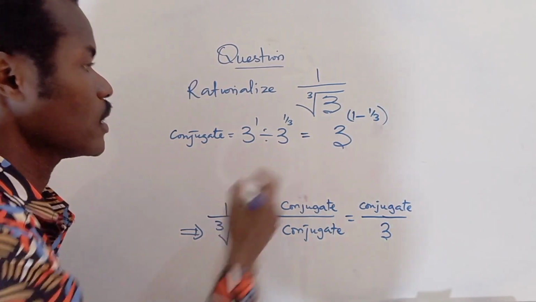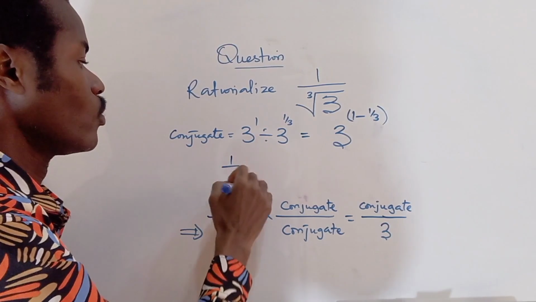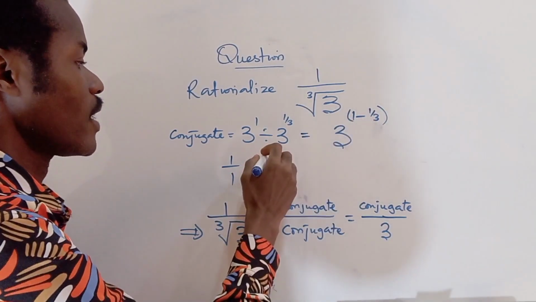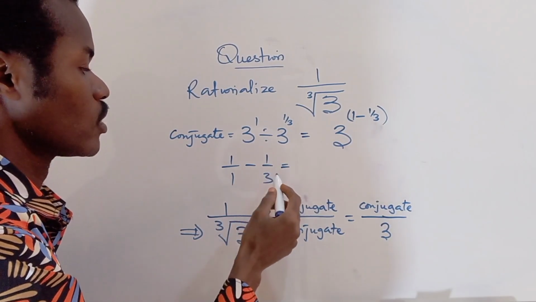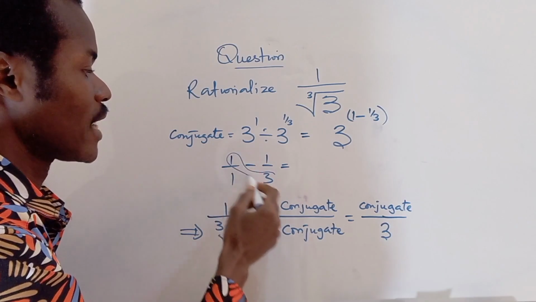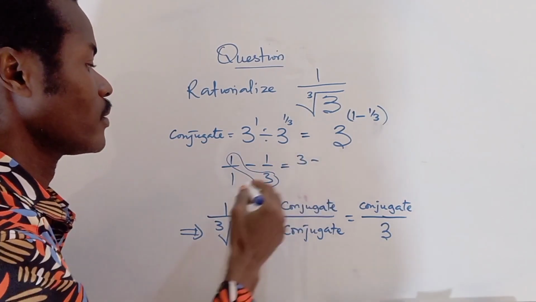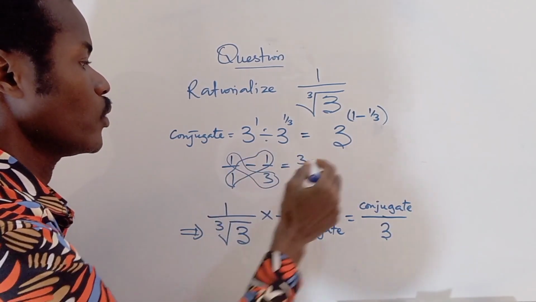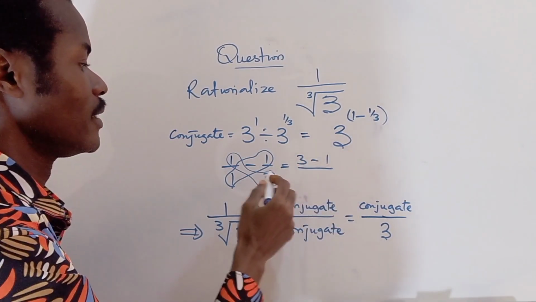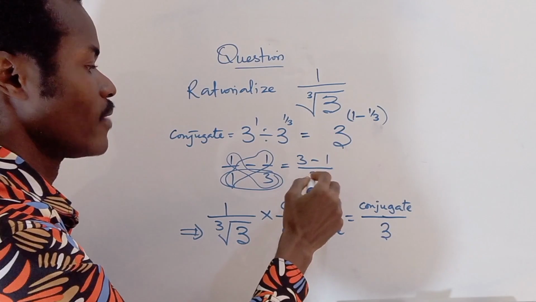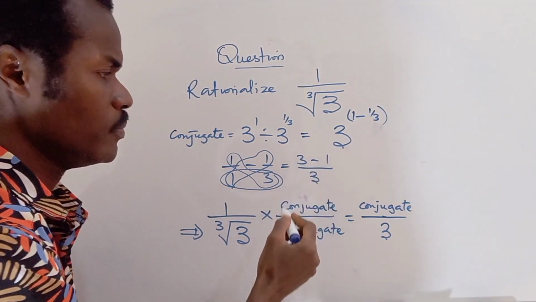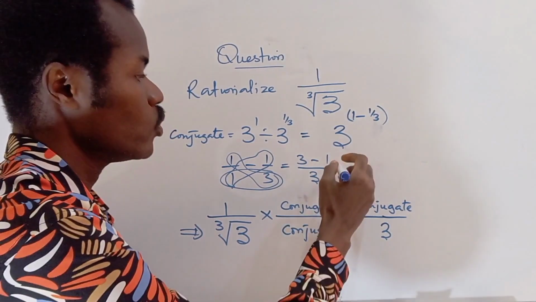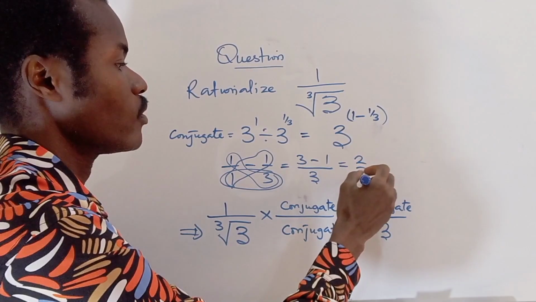Okay, 1 here means 1 over 1, minus 1 over 3. So this we can simply solve using the cross multiplication method. This times this, we have 3, minus this times this, we have 1, divided by 1 times 3, which is 3. So 3 minus 1 is 2. So we have this as 2 over 3.